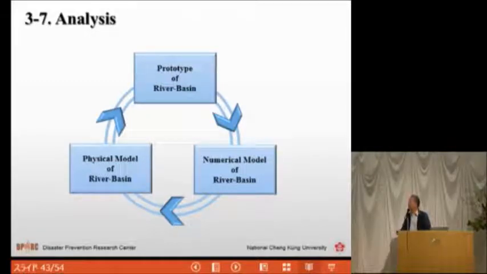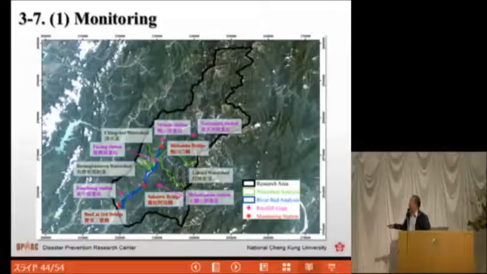But you need some tool to do the analysis. We use three approaches. The one is prototype. We do the monitoring in the field. And you need a numerical model of the river basin. This is another river basin. And the third one is the physical model. We use these three: monitoring, numerical, and hydraulic model. And this is our monitoring.